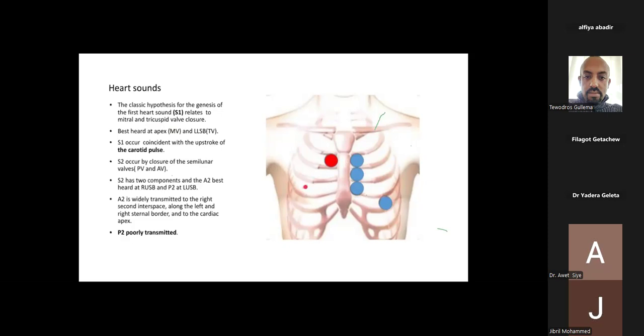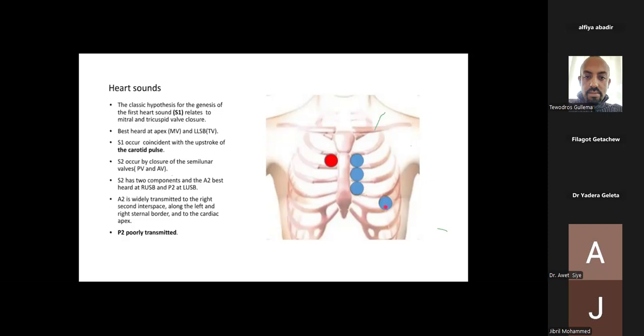The other thing is the closure of these valves. If they are closing by high pressure, for example the mitral valve, it is closed by increasing pressure in the left ventricle, and as you know the left ventricle is so powerful, so its closure is louder as compared with the tricuspid valve closure by the right ventricle.